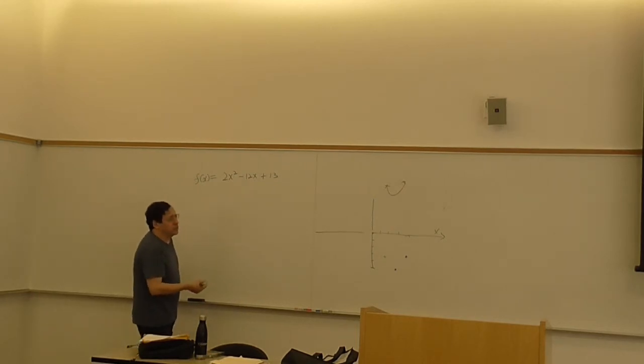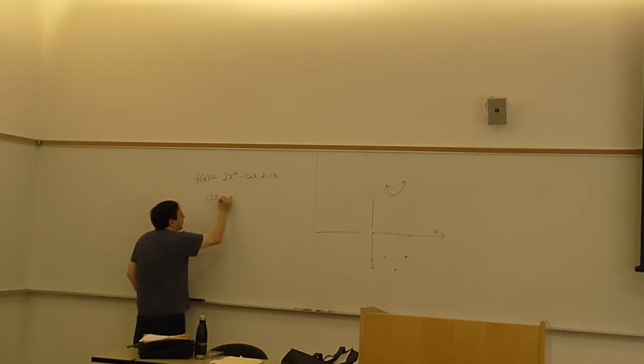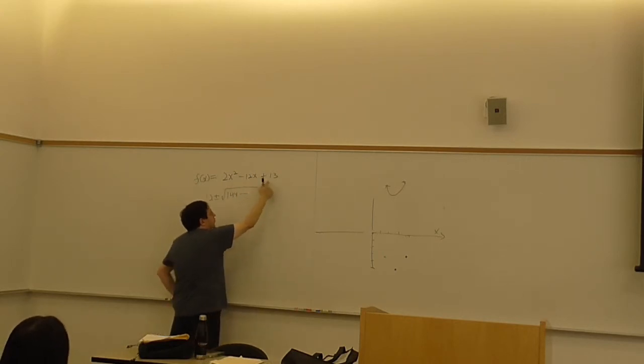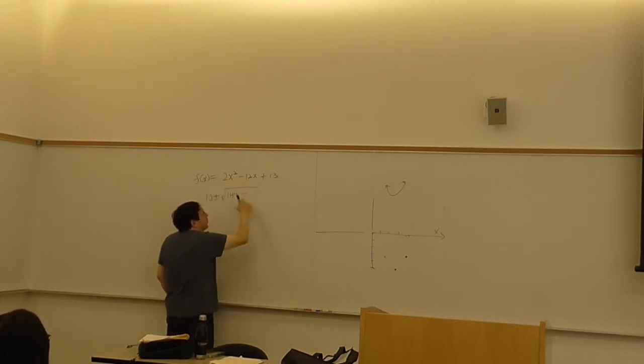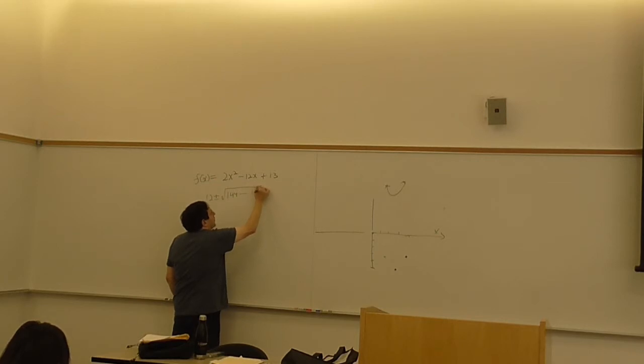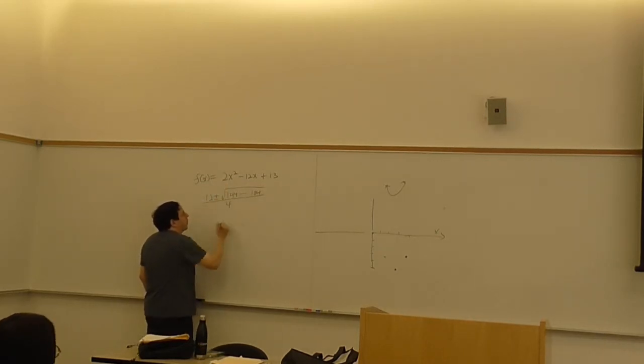So now we're back to the quadratic formula. Well, 12 plus or minus the square root of 12 squared, 144, minus 4 times 13 times 2. 4 times 13, 4, 52, 104, all over 2a, all over 4.